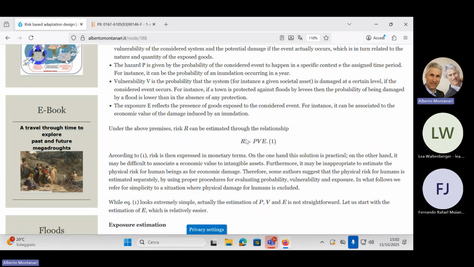And therefore, also when we estimate vulnerability and exposure, if the exposure is human life, vulnerability also has to be estimated in a different way. So I think this is an interesting consideration, because it's true that the insurances do that, but it's for a different purpose. They are not in charge of protecting people. They are in charge of reimbursing a damage once the fact has occurred. So it's a different story.